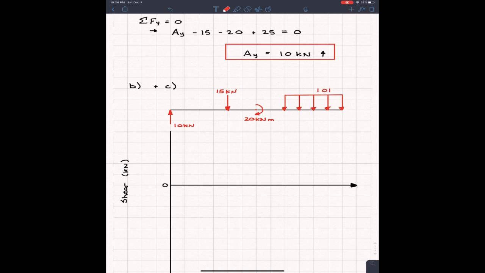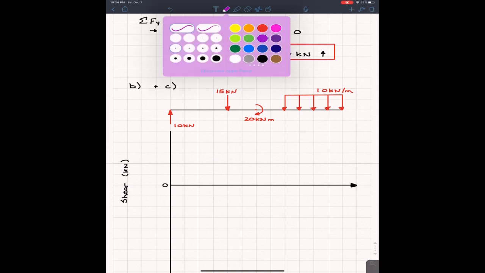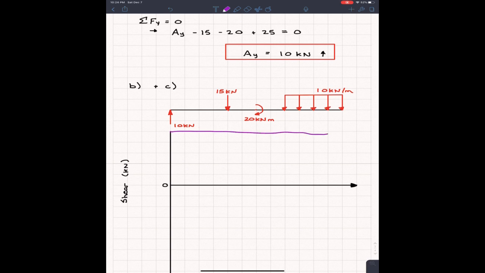So I'm going to put 10 kilonewton per meter. So that's what I'm interested in. I'm not going to replace it with the force called F1 or anything like that. So I'm just going to leave it like this. And I'm going to dimension it all so you guys see where all the dimensions come from. So the first one, we got 2 meters, then 1 meter, 1 meter, and then 2 meters.